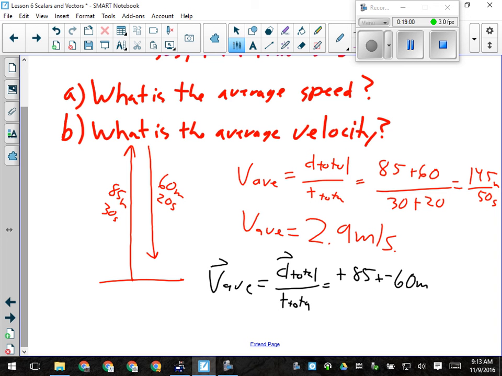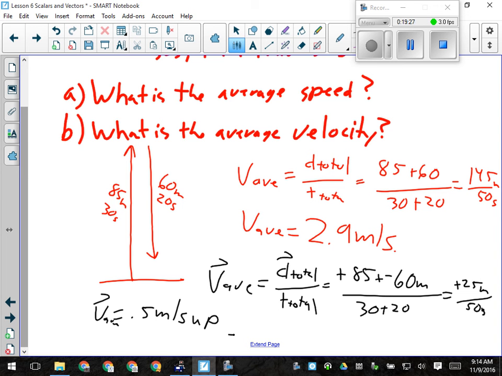I could just say minus 60. Mathematically, it'll give me the same answer. Then on this side it'll still be 30 plus 20. So now I end up with positive 25 meters on top over 50 seconds on the bottom, which gives me an average velocity of 0.5 meters per second up.